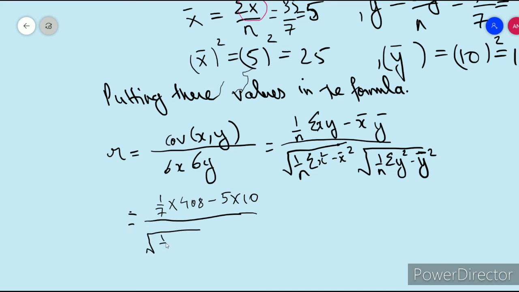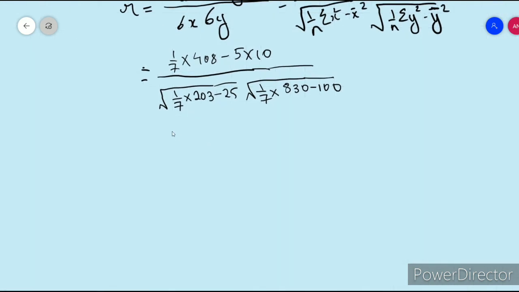Remember, this is simply substituting the values we have already calculated.